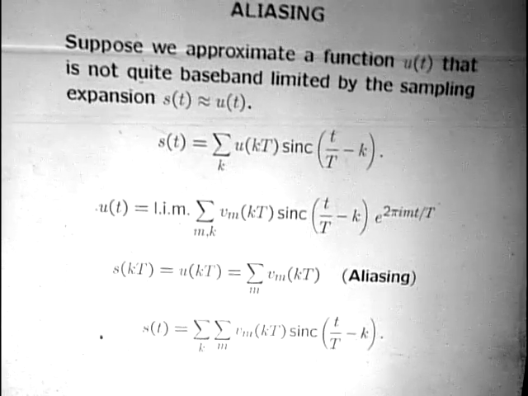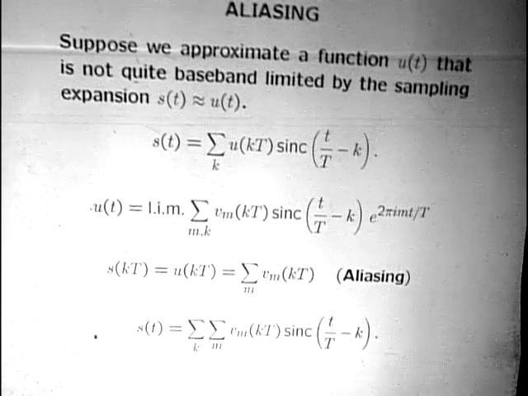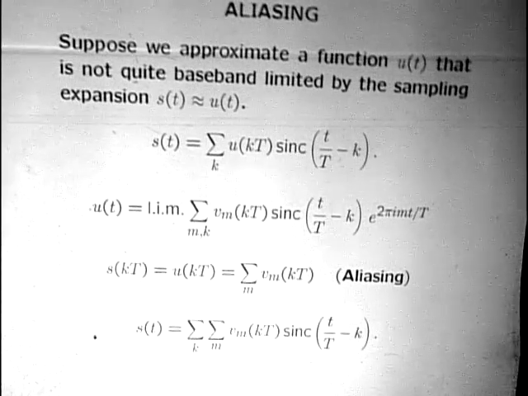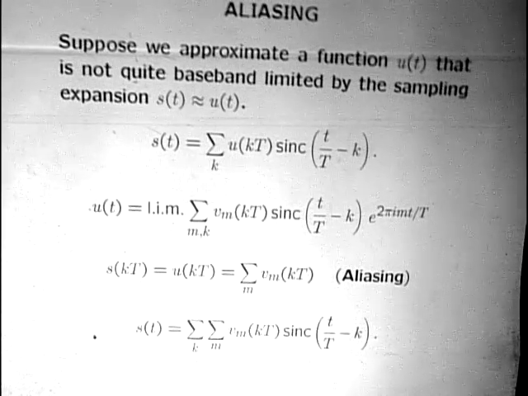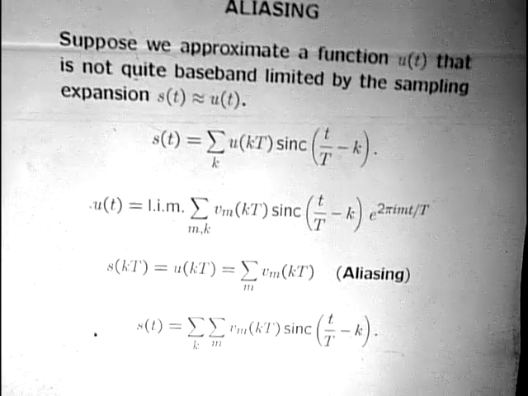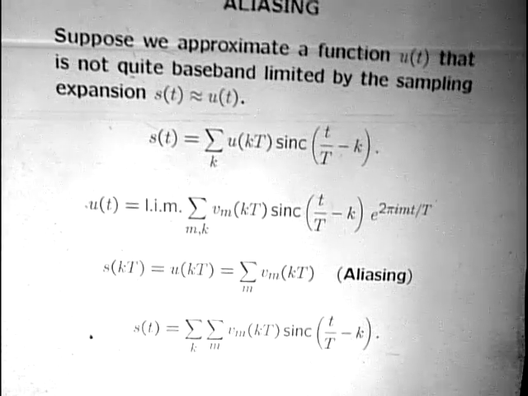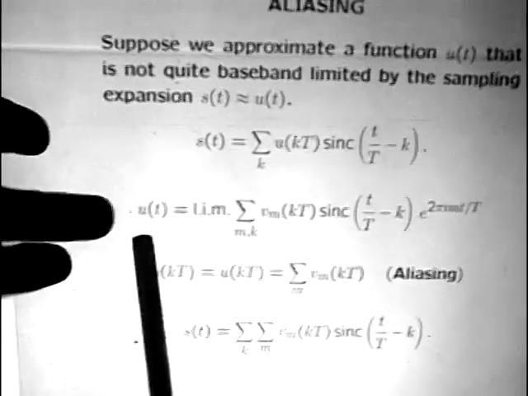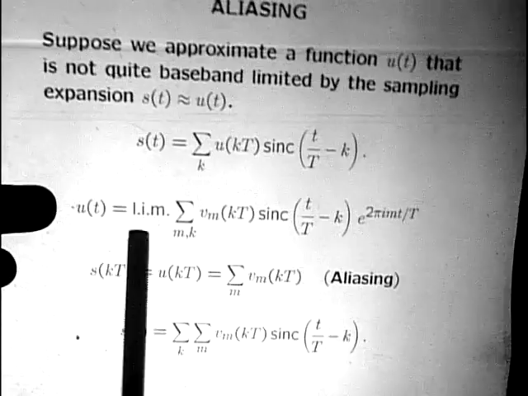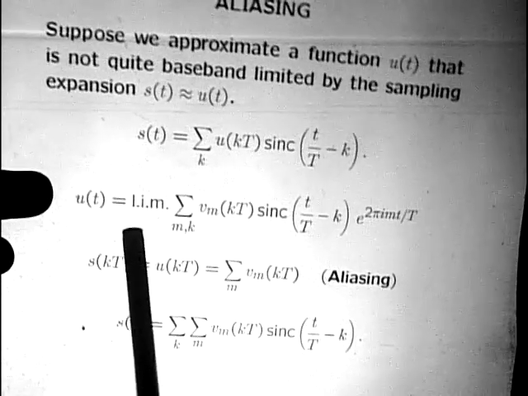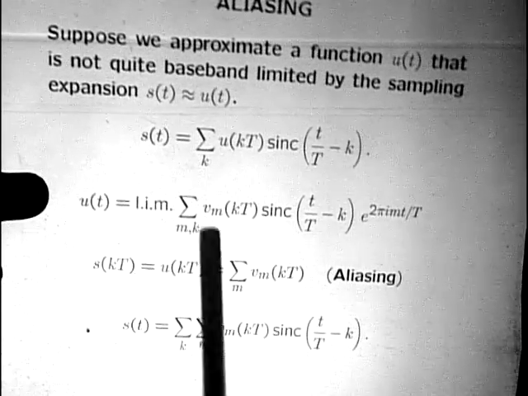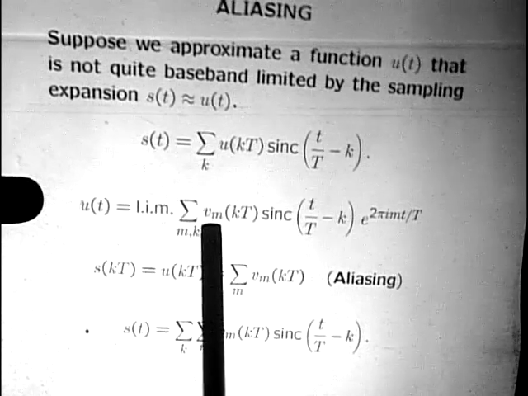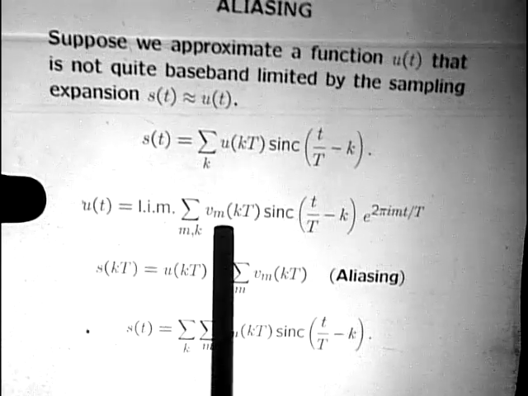Well, we now have a nice way of looking at it, because after going through this T-spaced sinc-weighted sinusoidal expansion, we have an exact expression for u of t, which is the limit in the mean of these frequency terms in u of t.